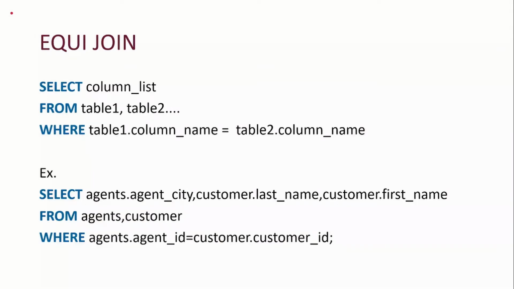Here, if you observe, agent ID is here and here the column name is customer ID. So here the column names are different. If you observe here, column names are different, though we are comparing them.